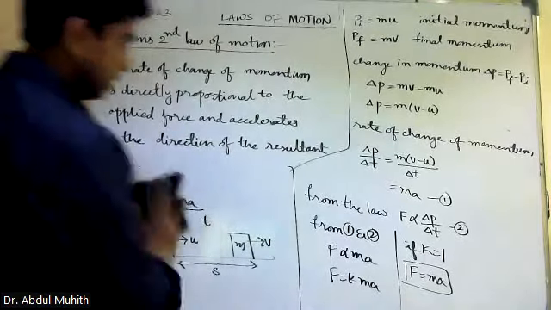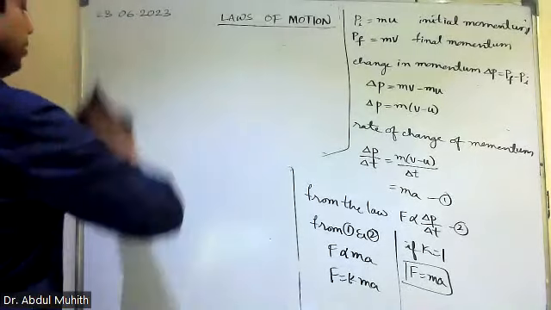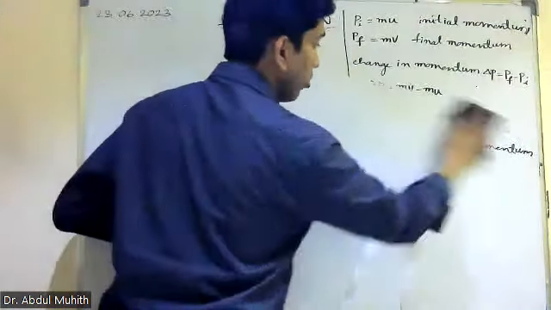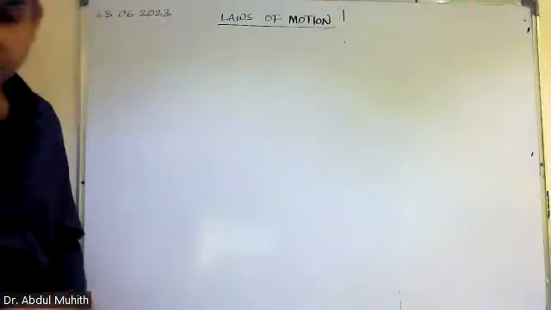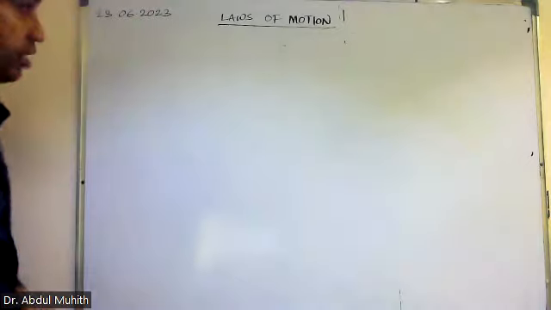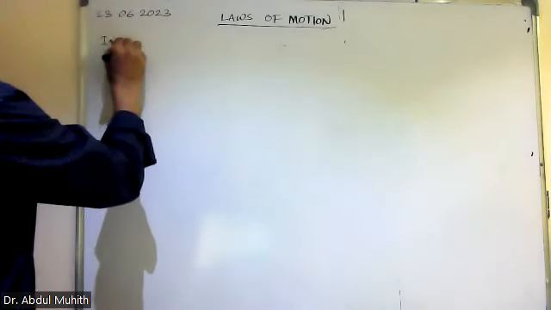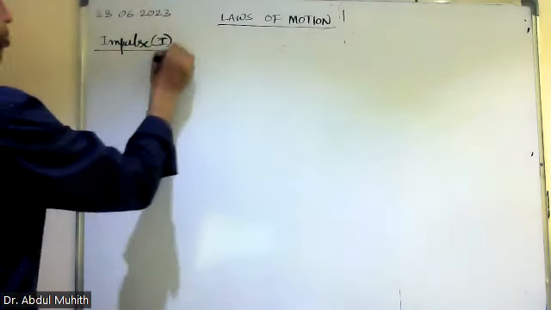Now we'll go with the impulse. So how do you define impulse? Force into time. Yeah. So impulse, we say I. In some books it is I, or some books it is delta P also.